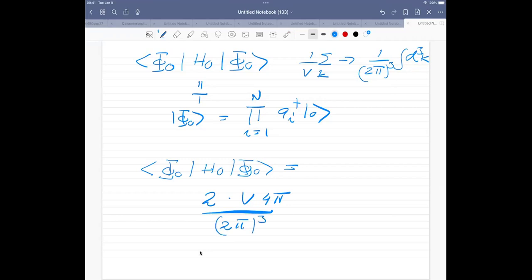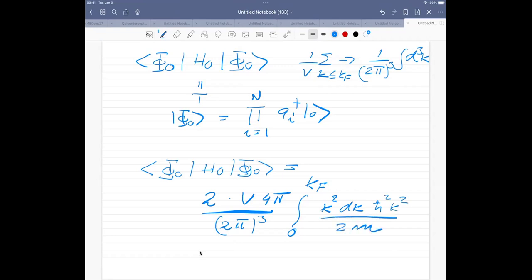We were missing this factor of V, so we have to multiply with that factor of V. And then we have an integral from 0, and let's do that one before we take a break, up to the Fermi level. This sum actually runs up to the Fermi level. So we have K squared dk, and I have an h bar squared K squared divided by 2m.